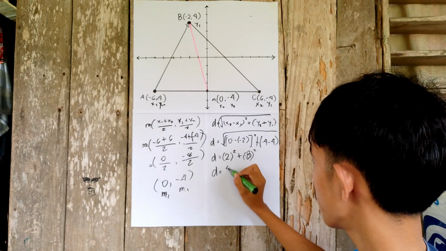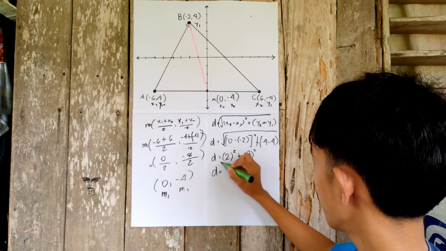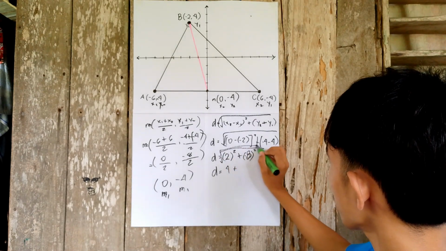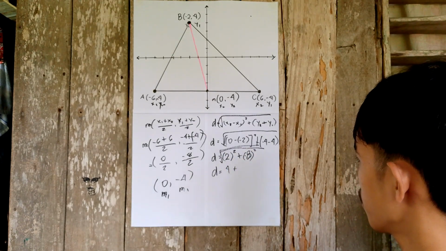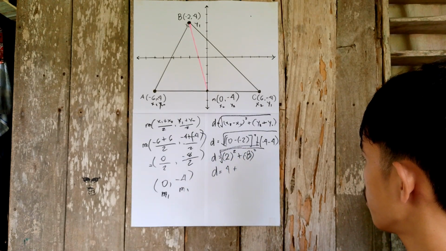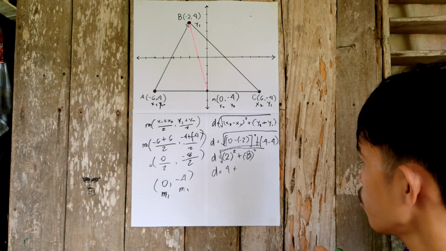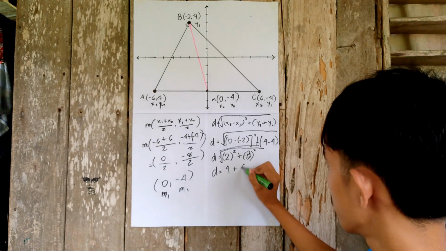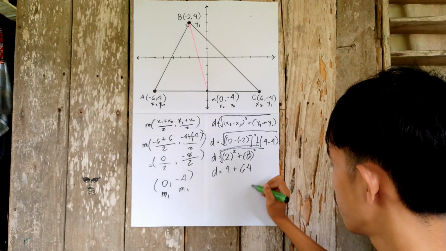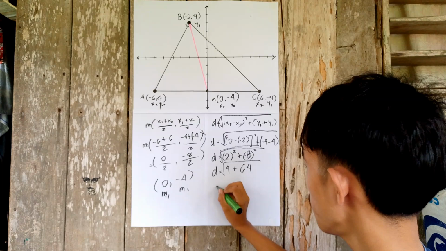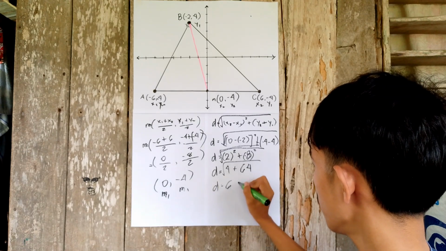Square of 2 is 4, plus, I'm sorry, I forgot the square root. And negative 8 squared is 64. 4 plus 64 is equal to 68.